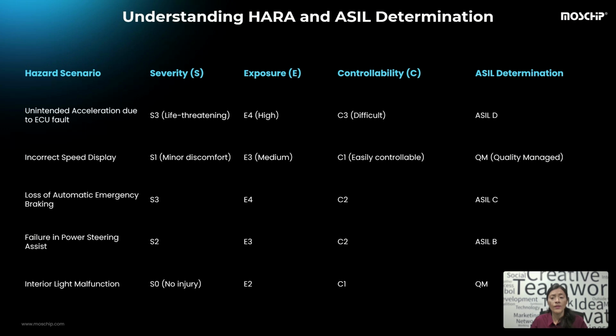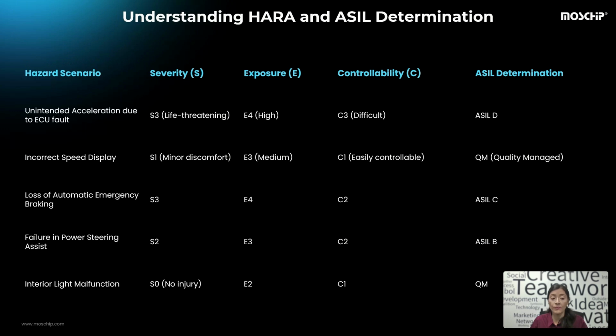It's like asking what is the danger level of the risk? This ranges from QM, that is quality managed, to ASIL D. QM means it's non-safety critical. ASIL A means low safety risk, ASIL B and C moderate risk, and ASIL D is the highest safety risk, which needs the most safeguards.